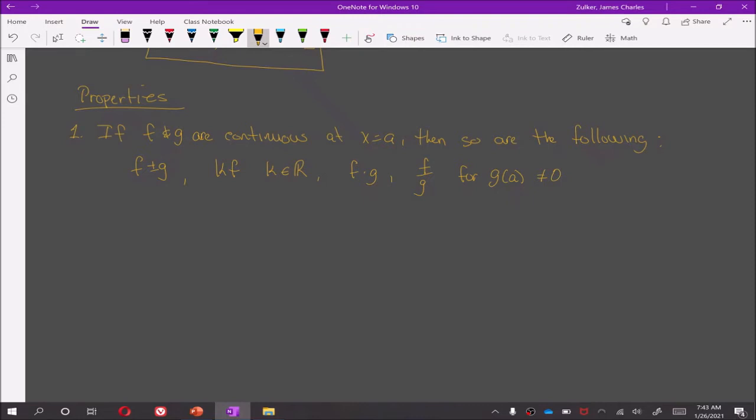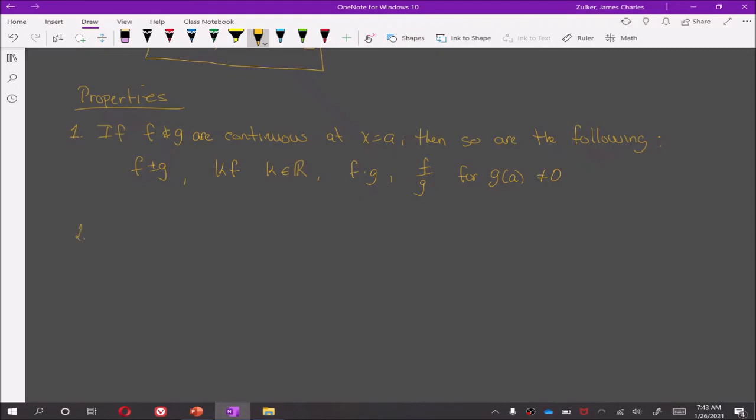So in other words, if you take the sum, difference, or product of continuous functions, they are still continuous. If you take a constant multiple of a continuous function, it is still continuous. And if you take the quotient of continuous functions, it is continuous as long as what you're dividing by is not 0.